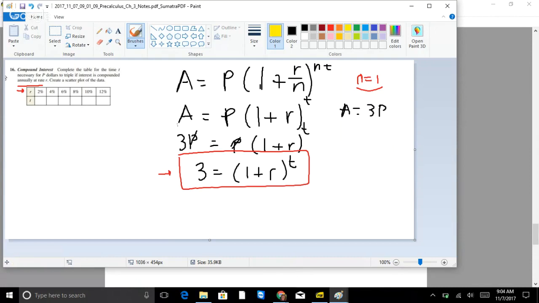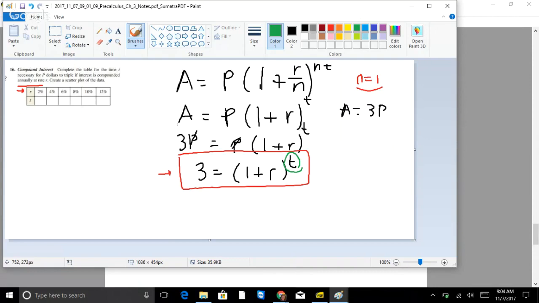Okay, so we are basically trying to solve for t on different values of r. And t just so happens to be an exponent, and we just happen to be experts in exponents right now. So let's see if we can solve this equation for t. Right now t is in the exponential spot, and if we want to get something out of the exponential spot, we take the log, basically the opposite of exponents.